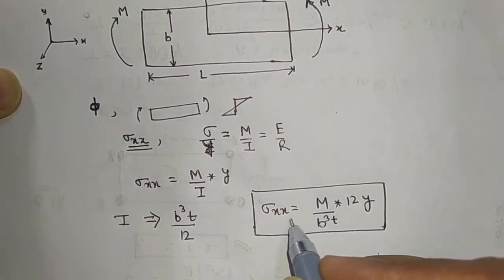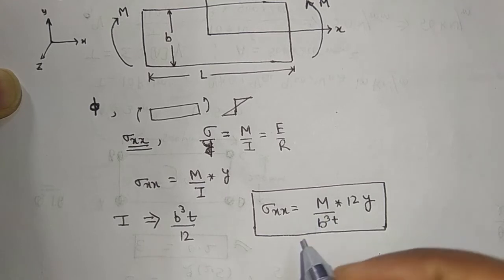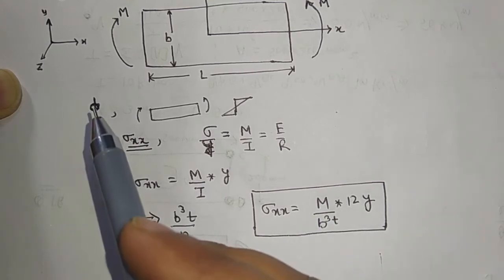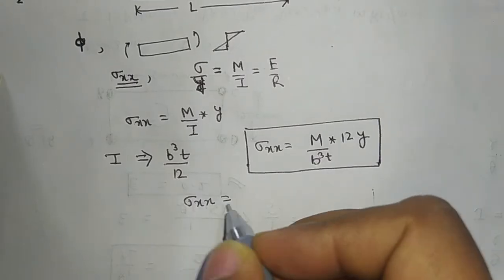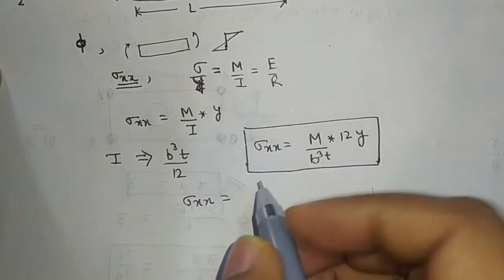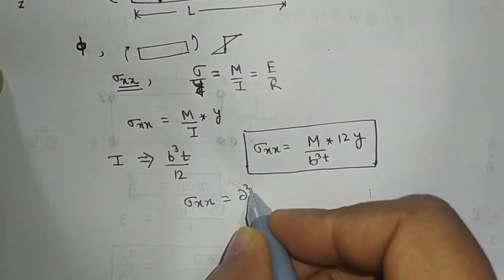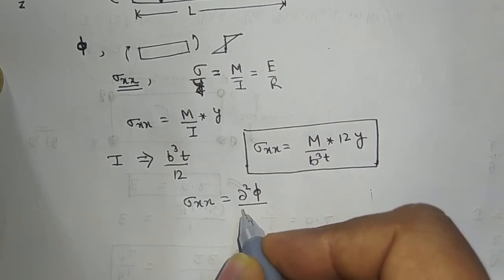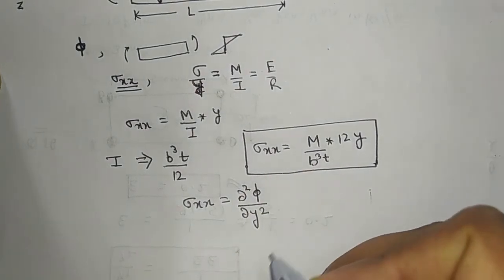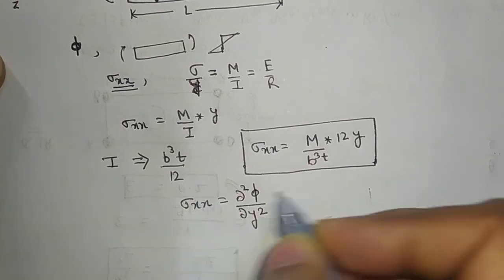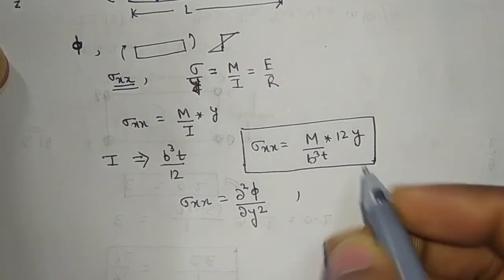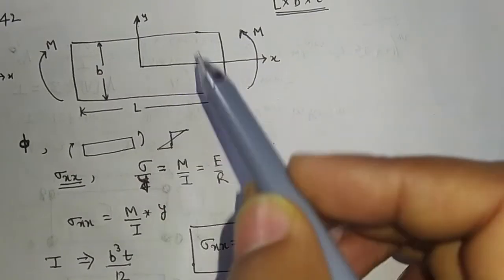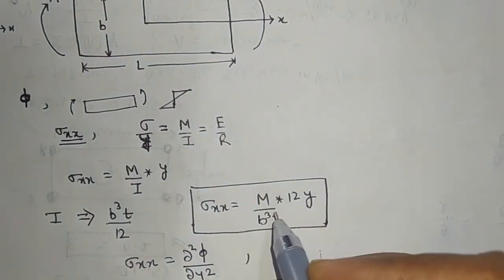This would be the stress in the x direction if we solve with Airy's stress function. We know that the stress in x direction will be equal to the partial differentiation of Airy's stress function with respect to y two times. So after calculating, the stress should be equal to this.